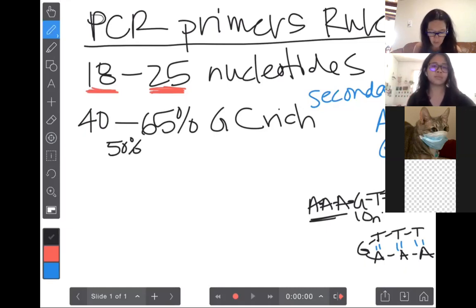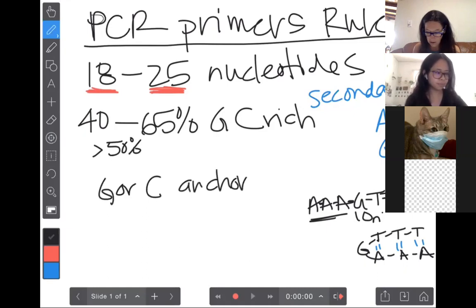We'd rather have it a little more than 50% than less, if we had a choice. And then we definitely want a G or a C to anchor the 3' end of our primer.